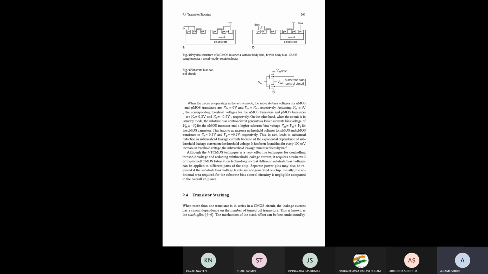If we give a low supply voltage, it may have a low threshold voltage, which reduces the overall power dissipation.